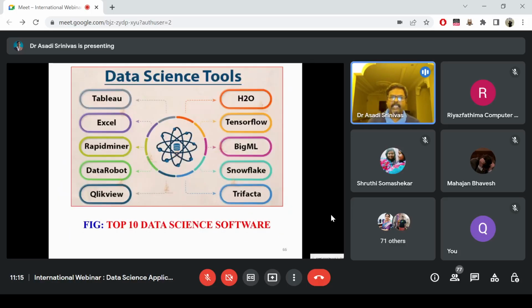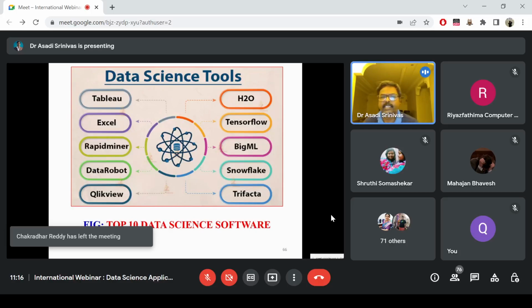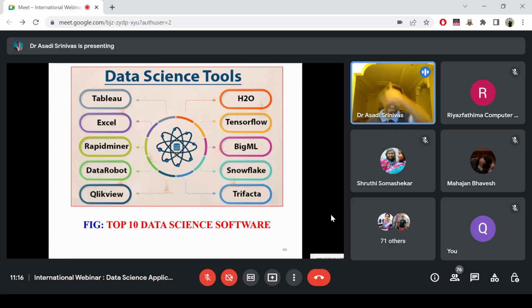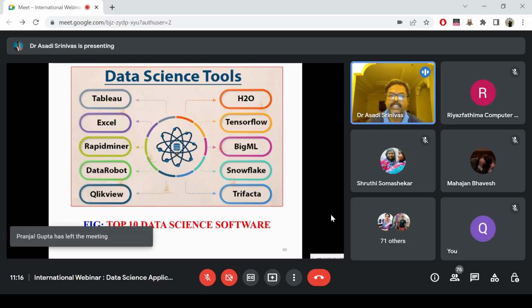Okay, and these are the data science tools: Tableau, Excel, RapidMiner, DataRobot, QlikView, H2O, TensorFlow, BigML, Sensor, Snowflake. This is a data warehousing tool, Trifacta. These are the various data science tools we are using. Depending on your requirements and constraints, we use each tool for each application.